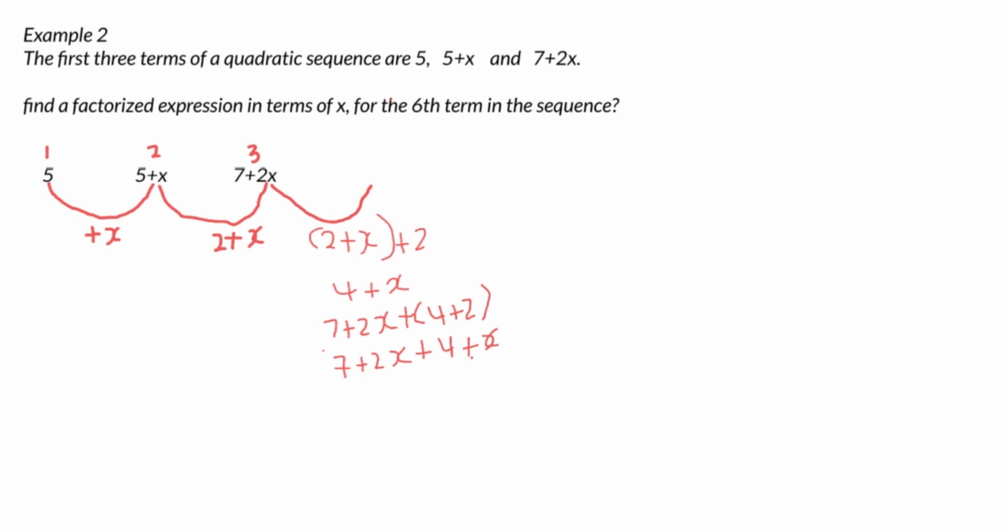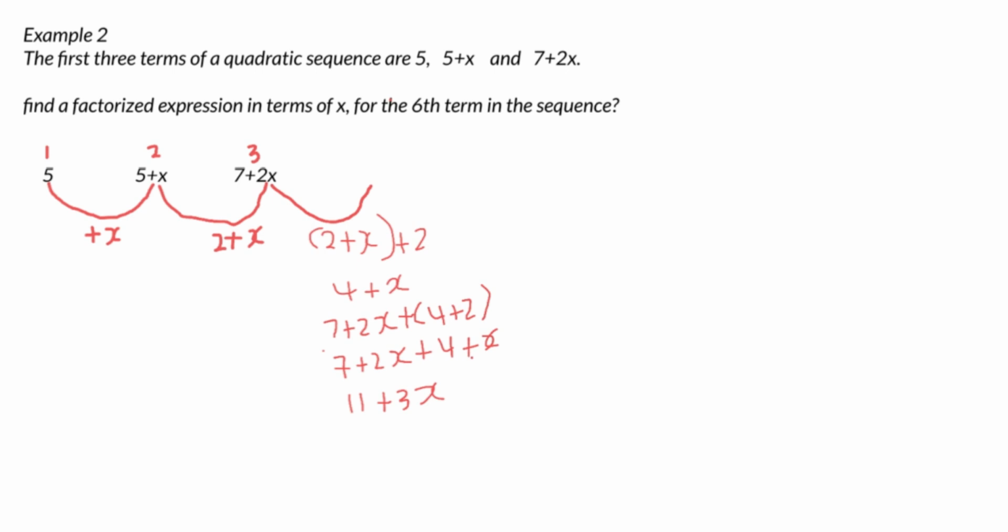Now, you have 7 plus 4 is 11, plus 2x plus x is equal to 3x. So this is our 4th term.